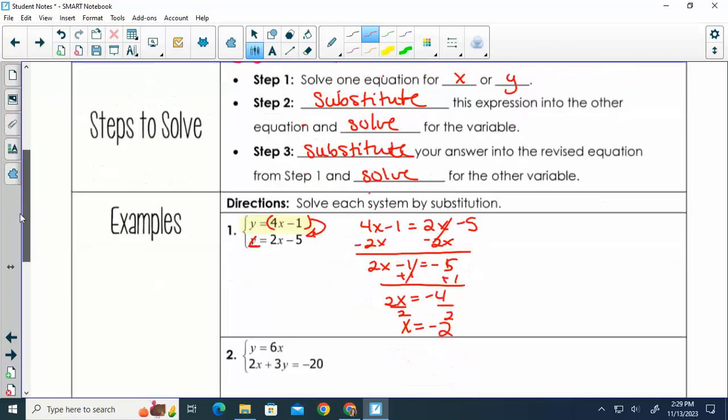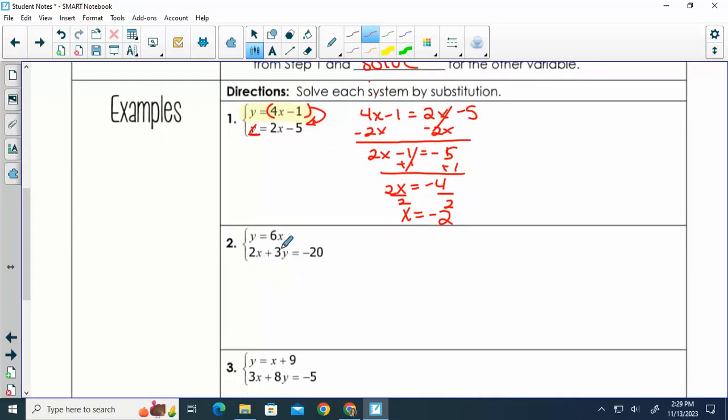Now we're going to take our answer and really we can sub it in either place. So let's just go back to that first equation. Y was 4x minus 1. But now I know that x is negative 2, so I'm going to plug in negative 2 for my x.